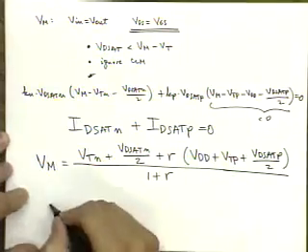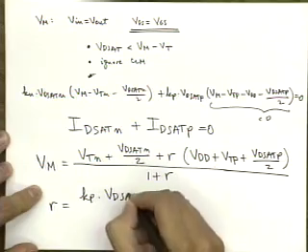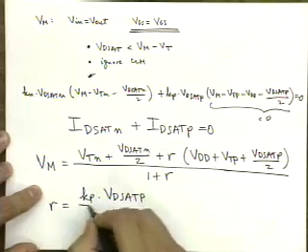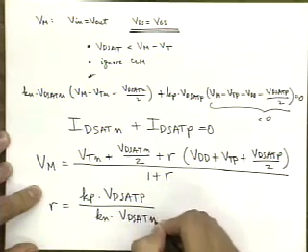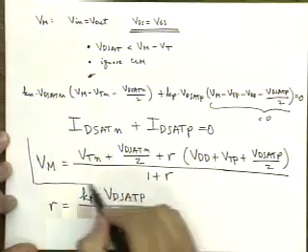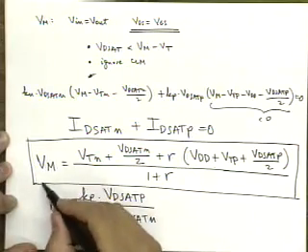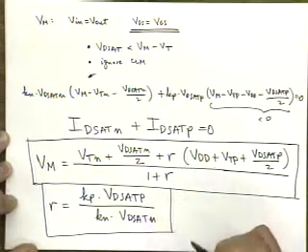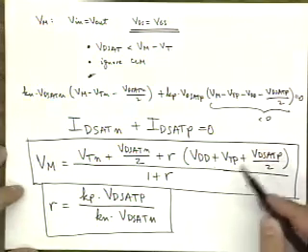Where this r parameter is equal to Kp times VD sat p divided by Kn times VD sat n. So that's the formula for the switching threshold.